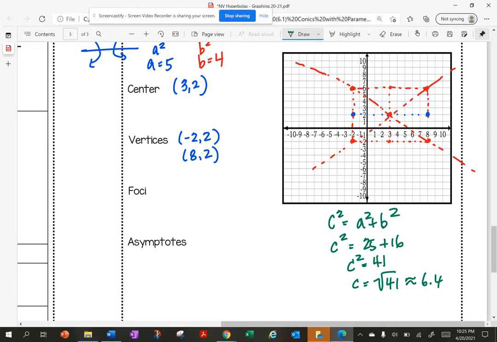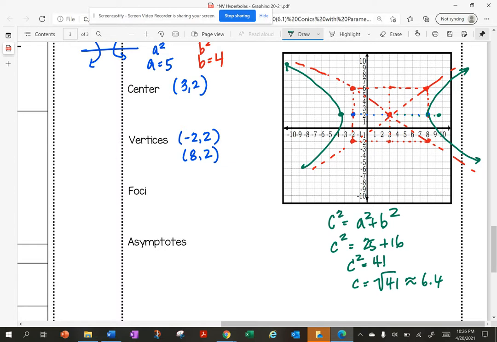So I'm going to go 6.4 from the center, right and left. So 1, 2, 3, 4, 5, 6.4, and 5, 6.4. So here's my foci. Okay, and then I'm going to just sketch in and follow the asymptotes, but I'm not going to go across them. Okay, there we go. So here's my sketch.